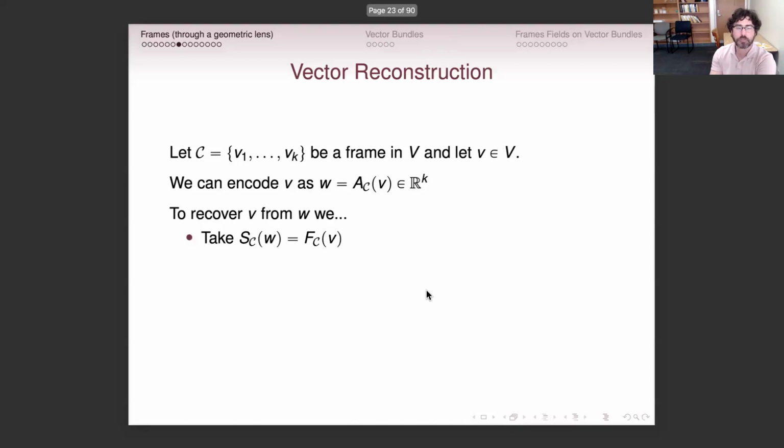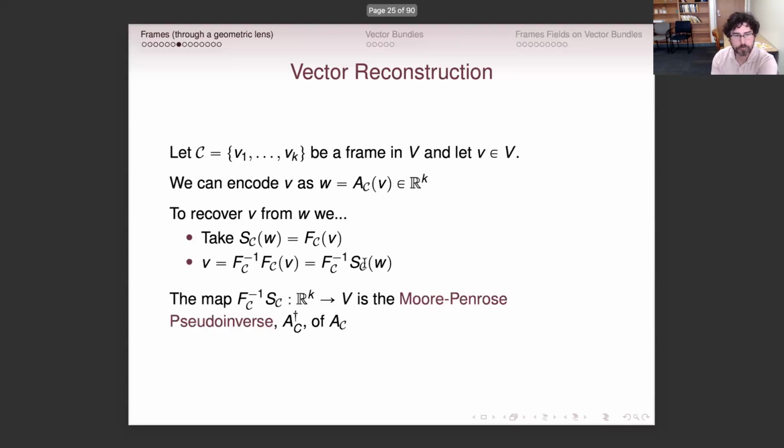And so if I want to recover my original vector from the encoded vector, then I can do a pretty straightforward thing. So first, I could take the synthesis operator of W, which by construction is the frame operator applied to my original vector. And then I can just invert the frame operator to recover the vector that I started with. So in order to do vector recovery, you have to take this composition of these two linear maps, the synthesis operator along with the inverse of the frame operator.